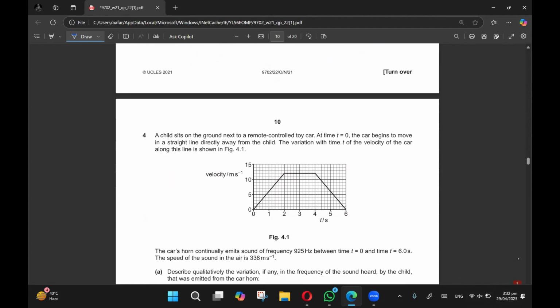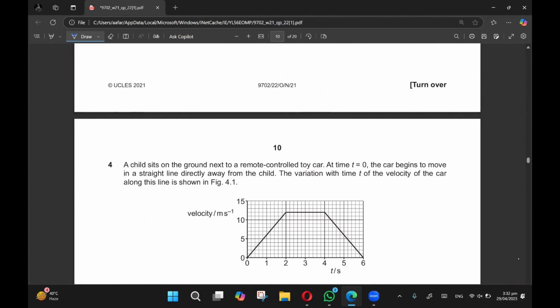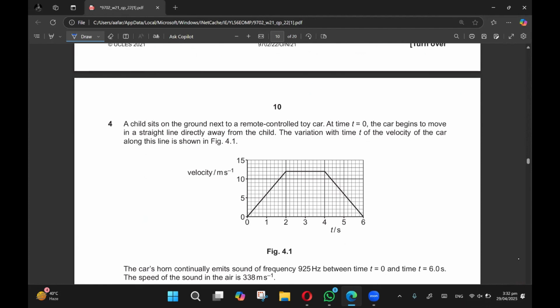A child sits on the ground next to a remote controlled toy car. At time t equals 0, the car begins to move in a straight line directly away from the child. The variation with time t of the velocity of the car along this line is shown in figure 4.1. Basically, we can say that this is the child.